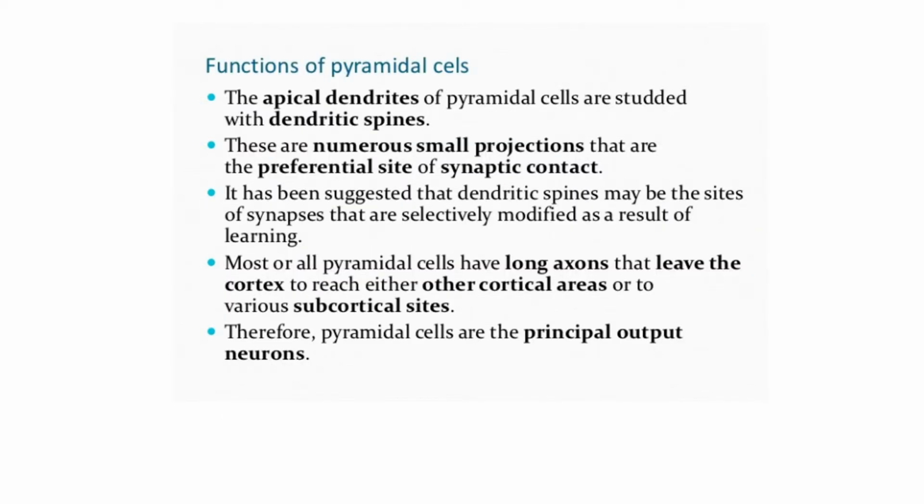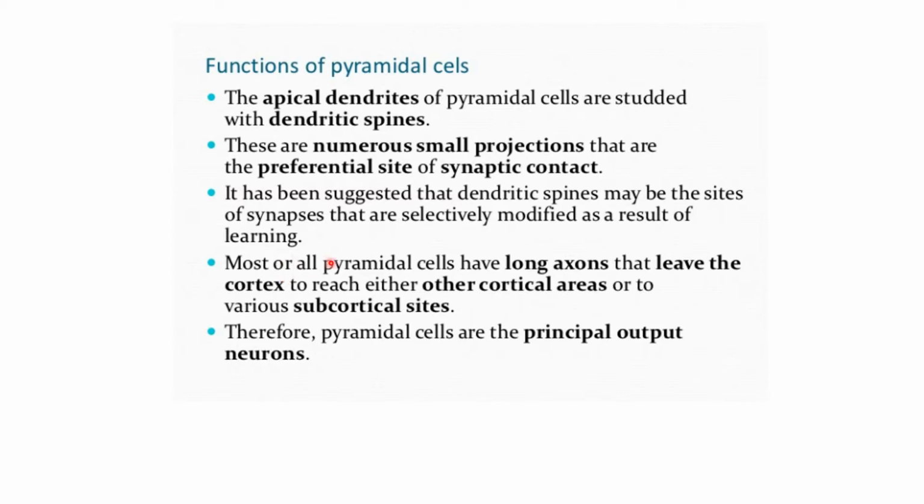Now what are the functions of these pyramidal cells? They have apical dendrites, and their dendrites are studded with dendritic spines which make synaptic connections. These dendritic spines are small projections on the dendritic processes, the sites of synapses that are selectively modified as a result of learning.